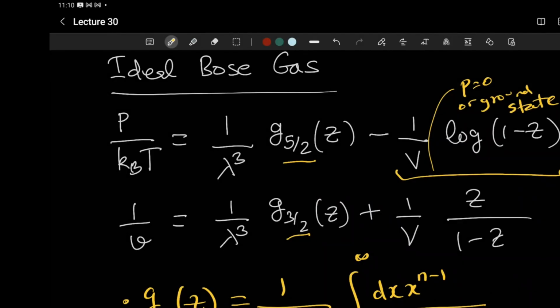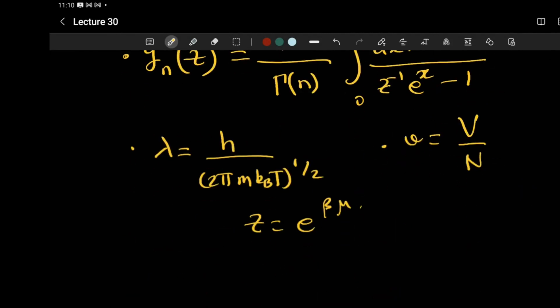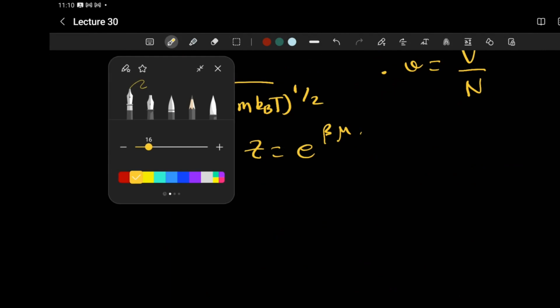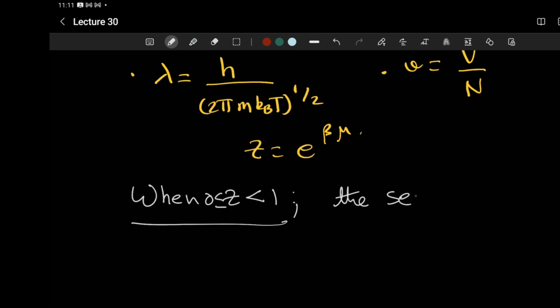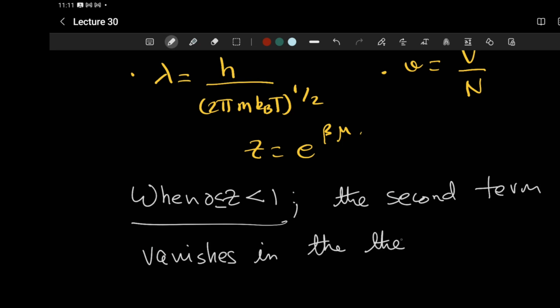So the first point is that when z is less than 1, the second term vanishes in the thermodynamic limit.